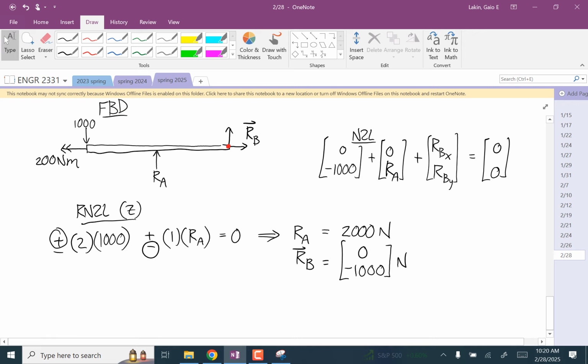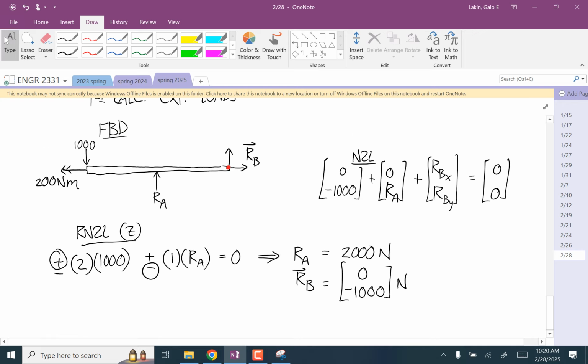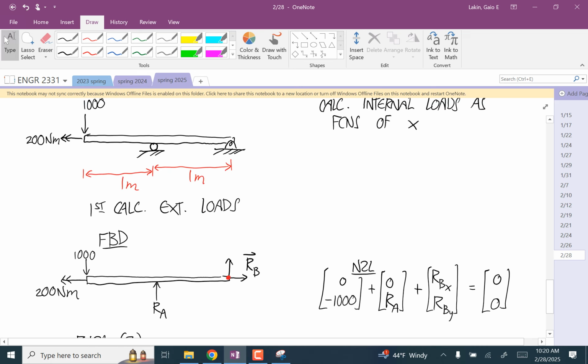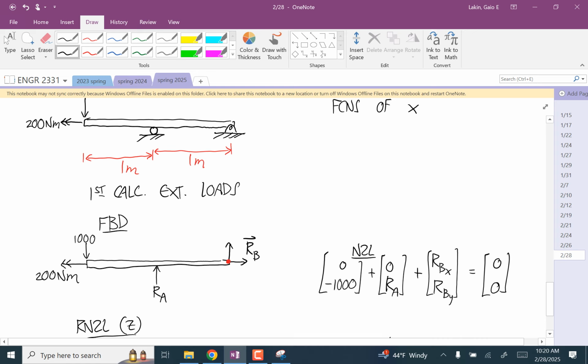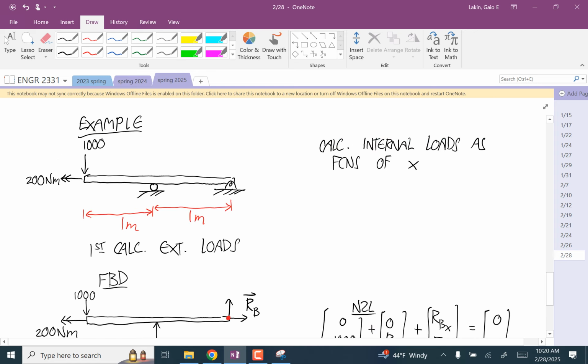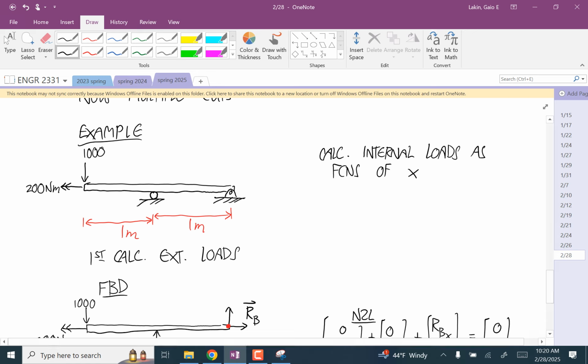Any questions about that? All right, and then we still have to do the x one. So about x, we know we have the couple of negative 200. Which of these two joints is most likely going to counteract that 200? The roller probably is not going to, you know, it can probably just slide over that roller.